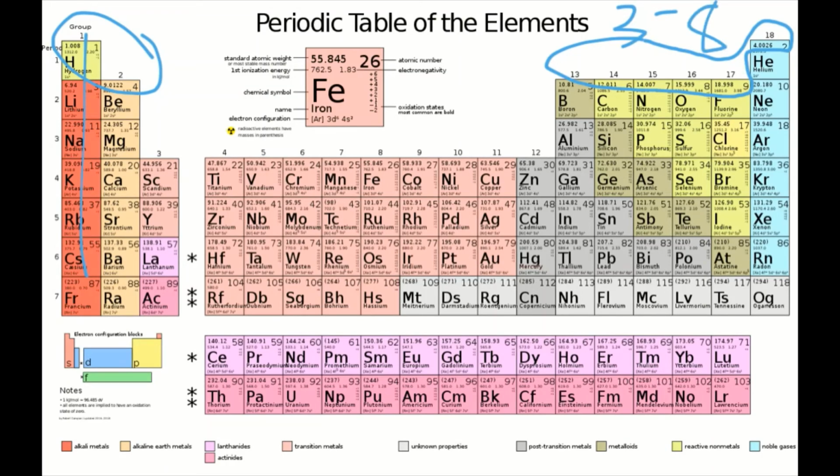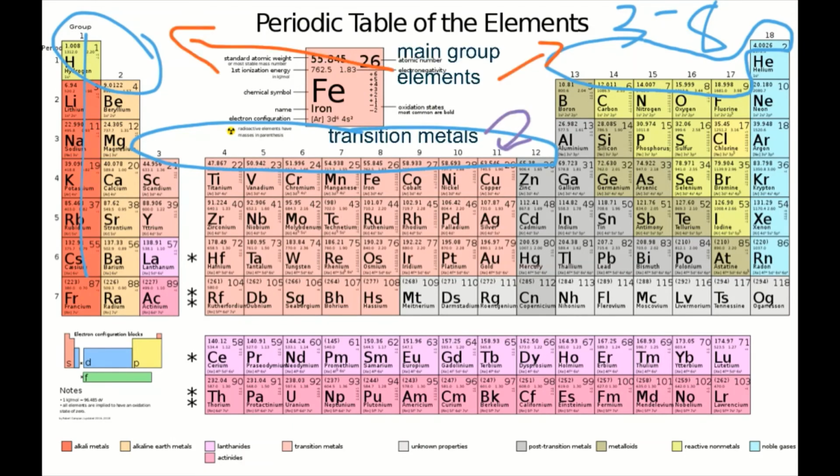So if you think about it, the main group elements are from 1 to 8. The elements that are stuck in the middle, aka families or groups 3 through 12, are called transition metals. Here I labeled them for you as shown right here and right there.